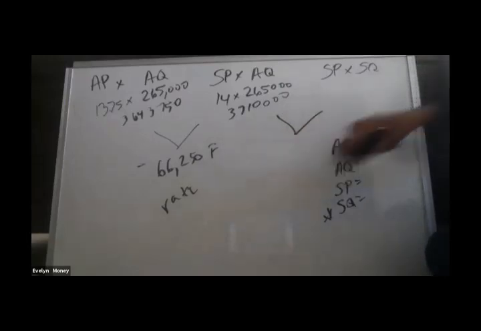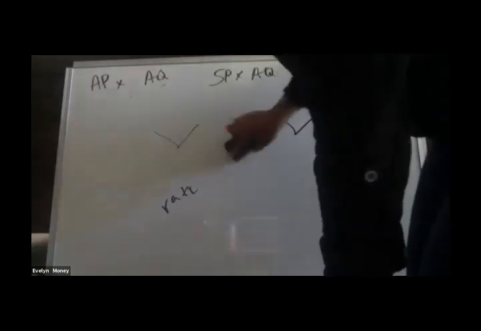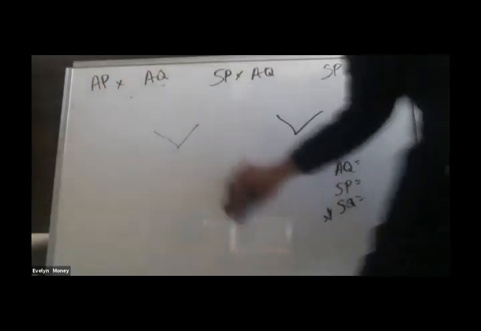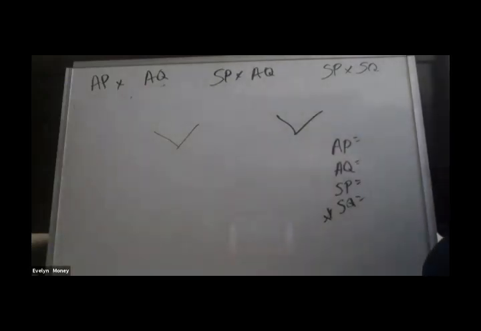All right, so for variable overhead, again, it looks very similar to materials, very similar to labor. And I'm pulling my numbers from the same places. Now, it's good that we're doing this because sometimes actual price and actual quantity are not given to me separately.